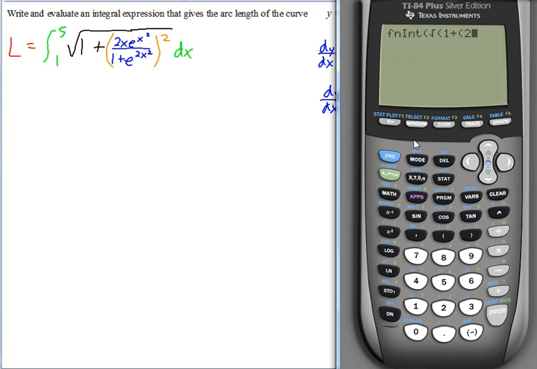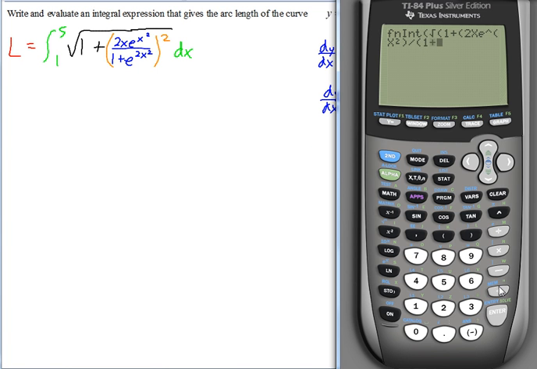And then we've got 2x, the e to the x button is right here, second, on the natural log, the e to the, notice it does another open parenthesis for the exponent, which is x squared. So then we need a closed parenthesis for the exponent. And then a divided by, but notice there's two things on the denominator, so we need another open parenthesis to make sure it divides by both of those, not just the 1 here.